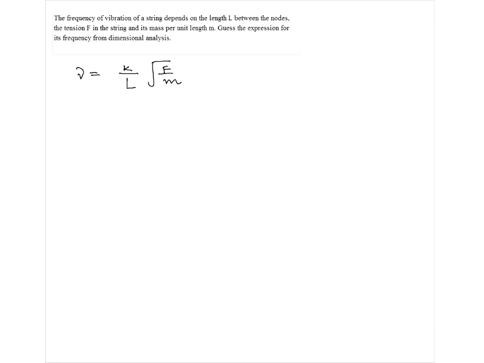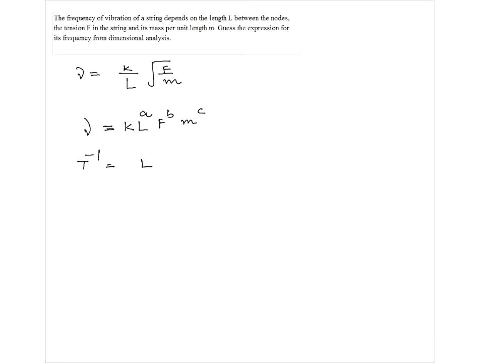So frequency, let it be nu, equal to k times length to the power A, tension to the power B, mass per unit length to the power C. Frequency is 1 upon time. K has no dimension.